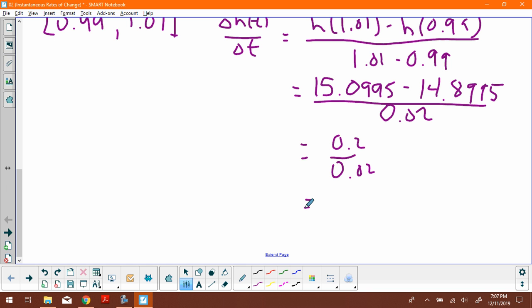And so that is equal to, that's also equal to 10. I divide that out. Okay, so my two answers agree, and I'm good.